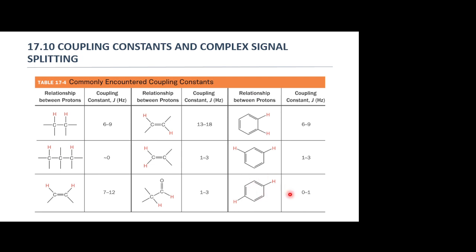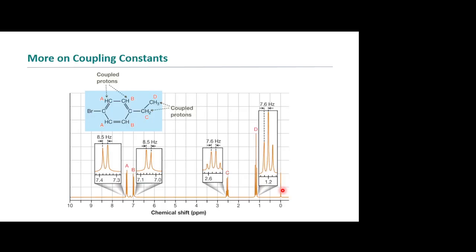Okay? And so the aromatics can actually have some very interesting patterns. So keep in mind, if you have coupling within coupling, splitting within splitting, you could actually cause splitting of your splitting peaks. Okay, so let's go ahead and see some examples of these.